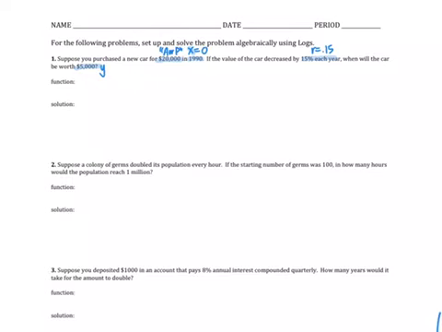So my function is going to be Y equals 20,000. I'm using the first equation in our chart, times, it's decreasing, so 1 minus 0.15 would be 0.85 to the x power. Now I'm going to set this equal to y, which is $5,000, and I'm going to go ahead and solve using logs.